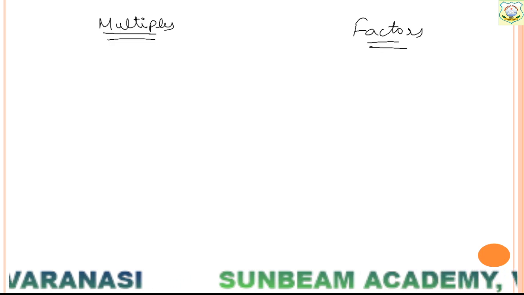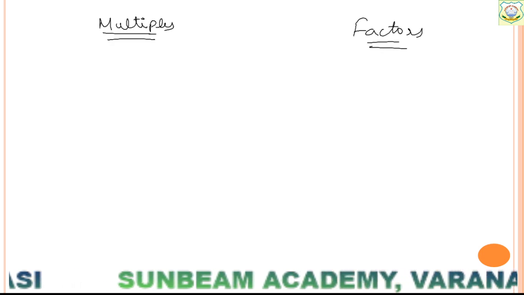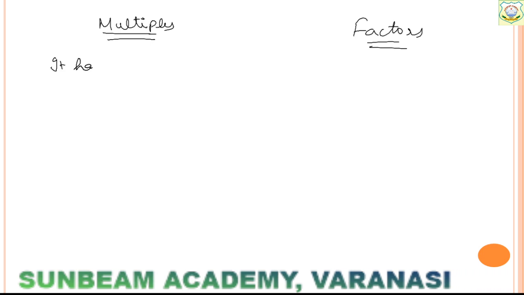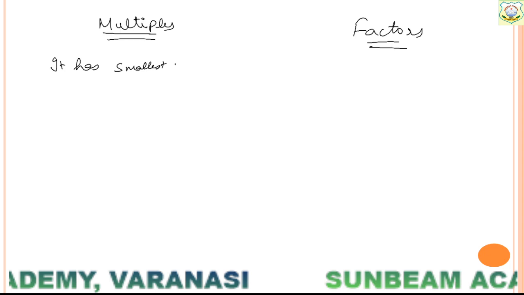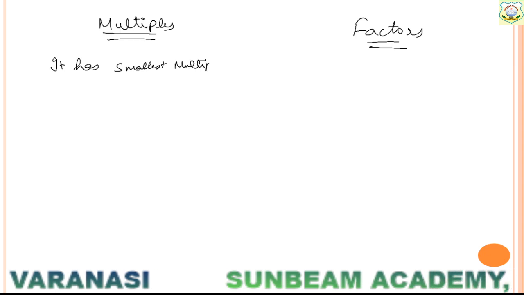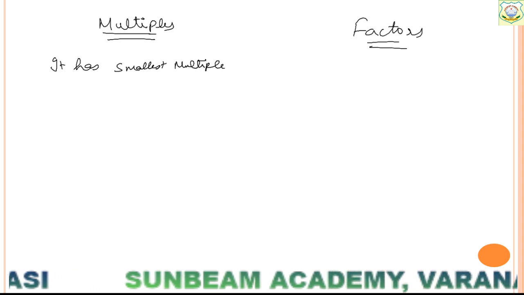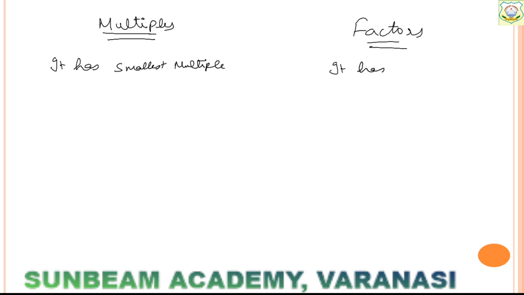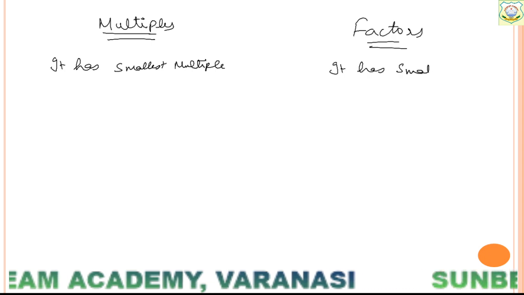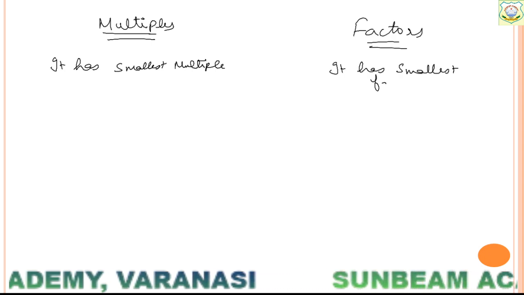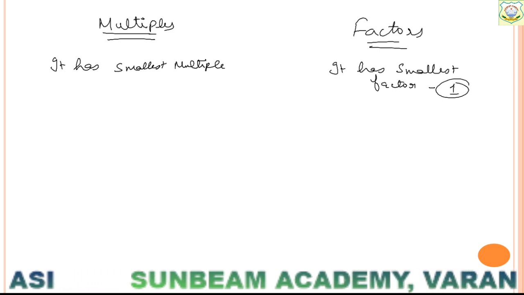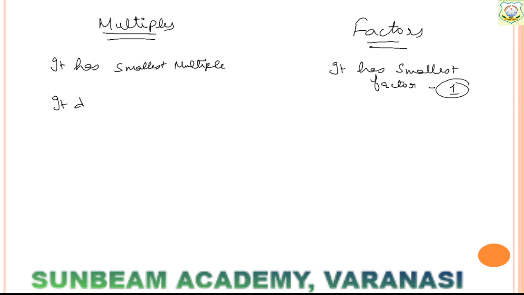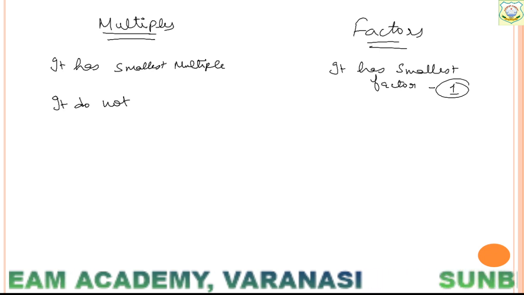So multiple has smallest multiple, and factor it has smallest factor. What is that? Yes, the number 1. That is 1.